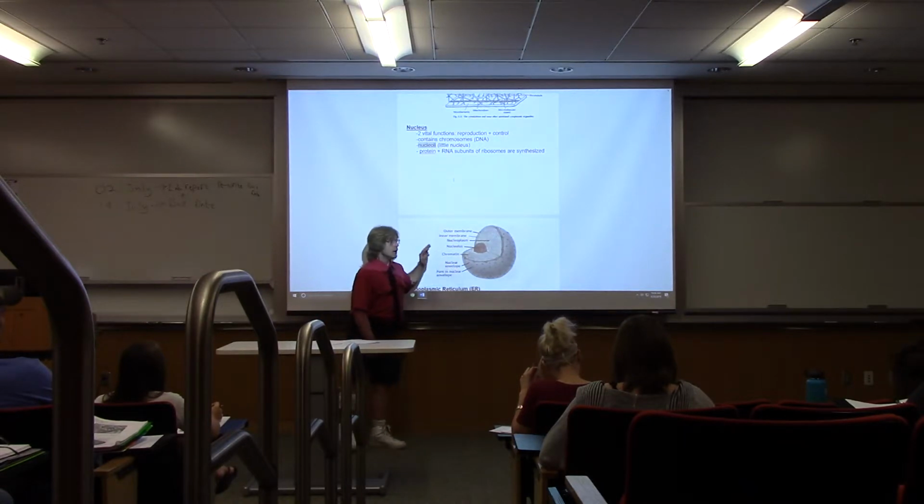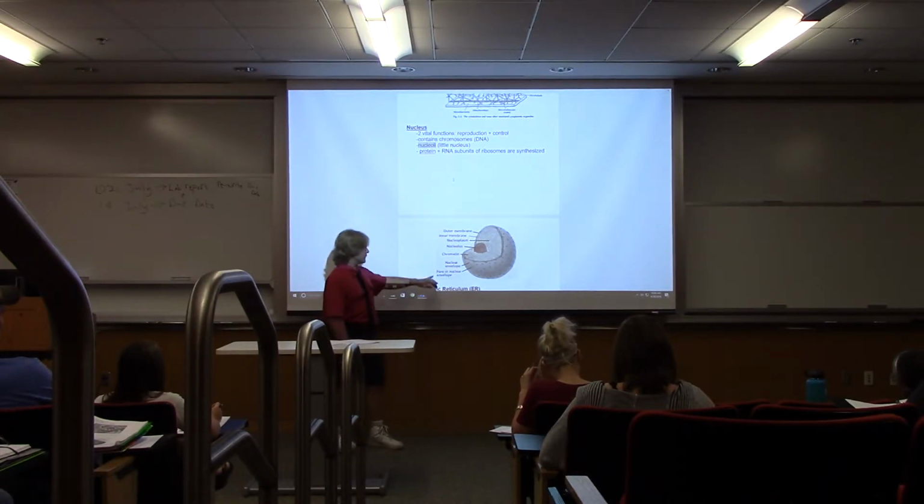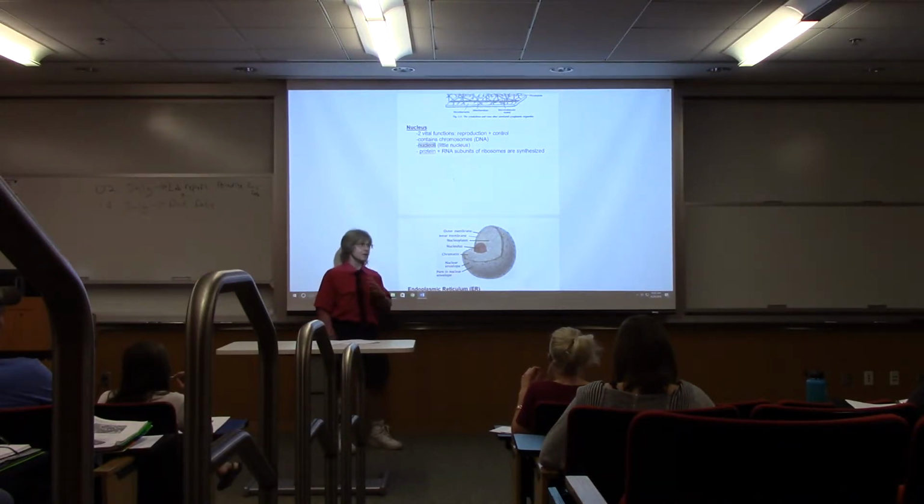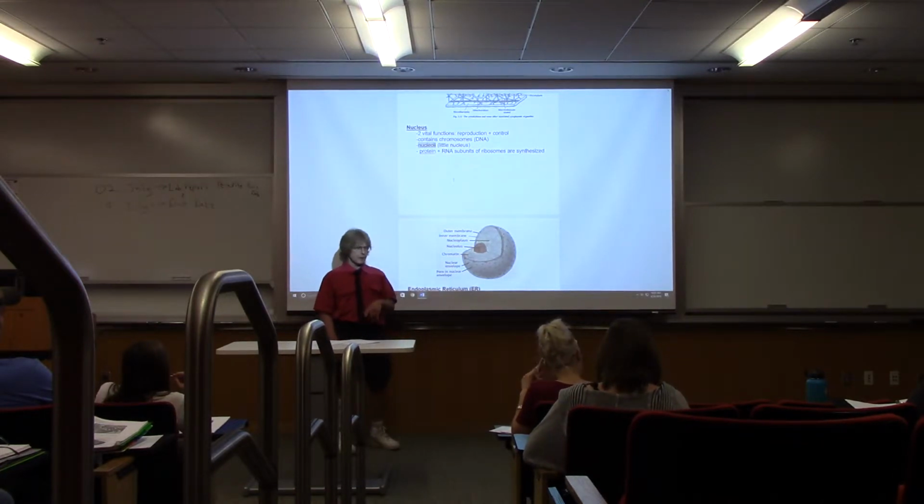They refer to that in the literature and these diagrams as the nuclear envelope, not necessarily the nuclear membrane. Yes, it is a membrane, right? But it's a very, very specific membrane, nothing like that with any other organelle or the plasma membrane itself.